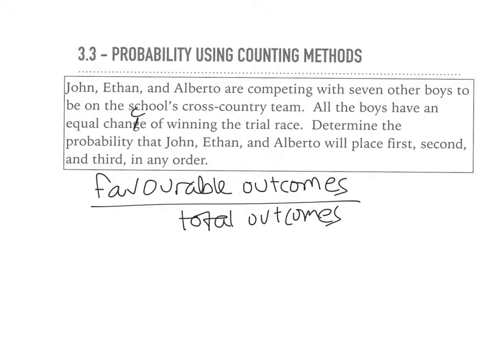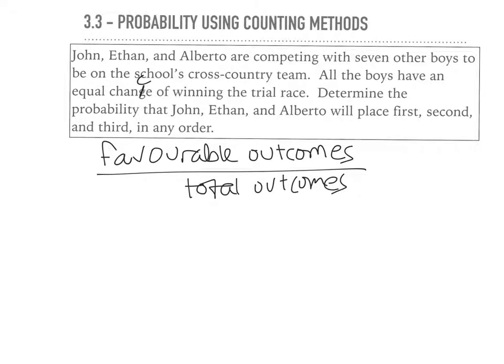Okay, so in this case, favorable outcomes is when John, Ethan, and Alberto are the 3 people in first, second, and third place in any order. Now the number of ways that all the boys can place in this race: the total is all the boys, so including our 3 is 10, and it really depends on how you think of it.